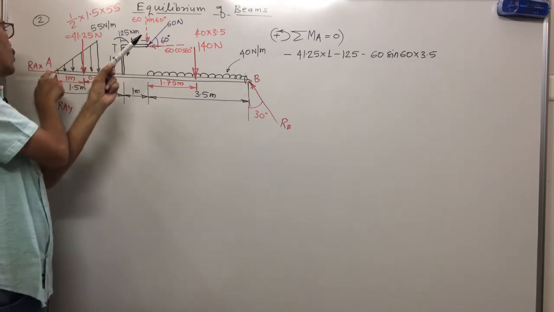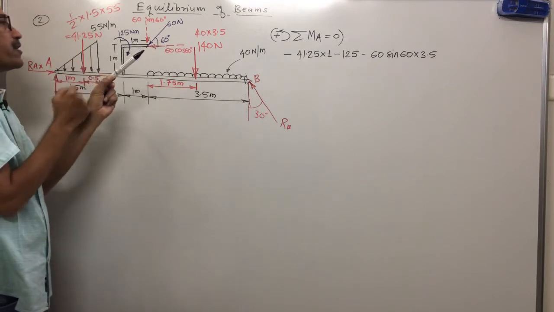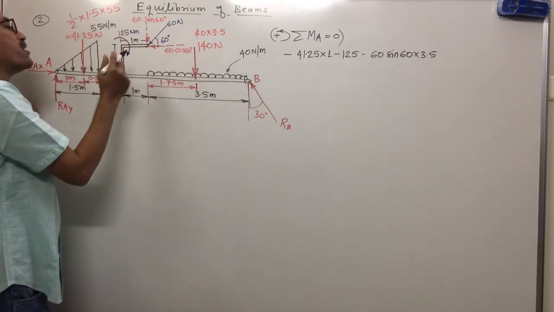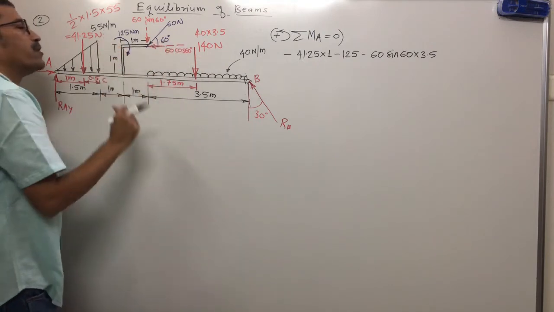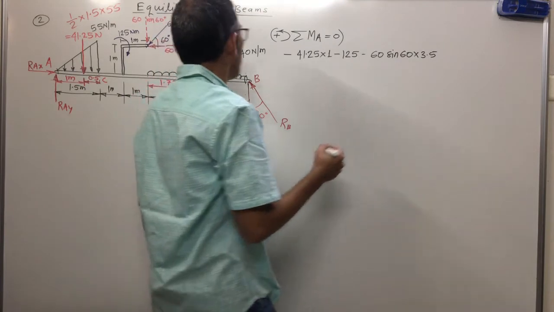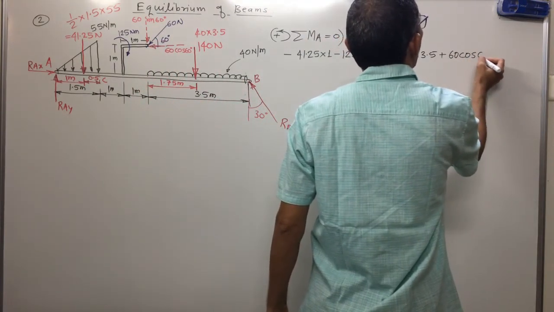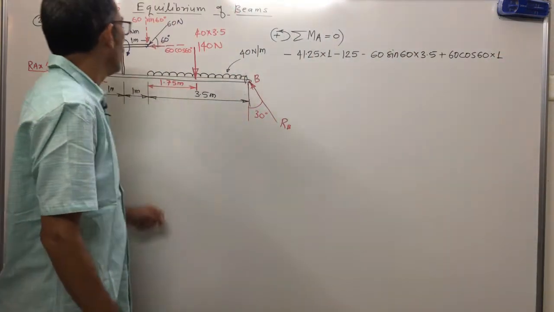Hold it at moment center. Apply force in horizontal direction. So what will you get? Anti-clockwise. So 60 cos 60 into, this is a horizontal force, so what is the vertical distance? How much is the vertical distance? 1 meter. That means plus 60 cos 60 into 1.